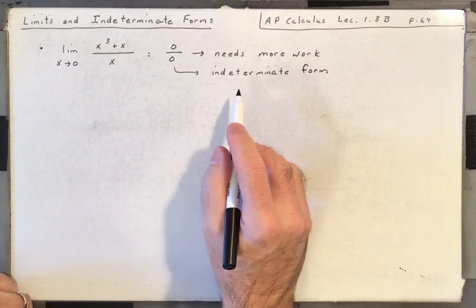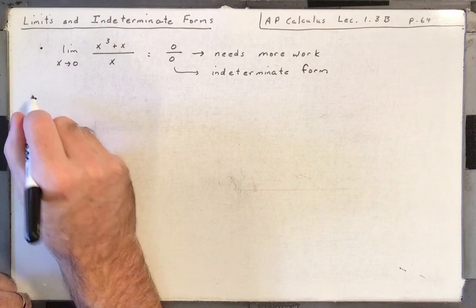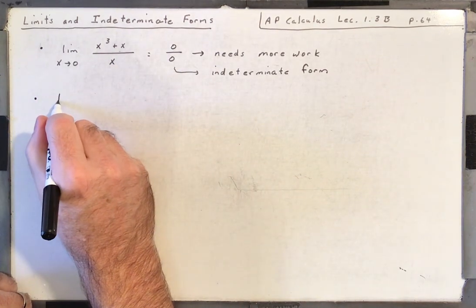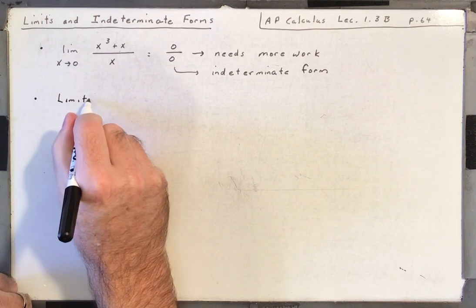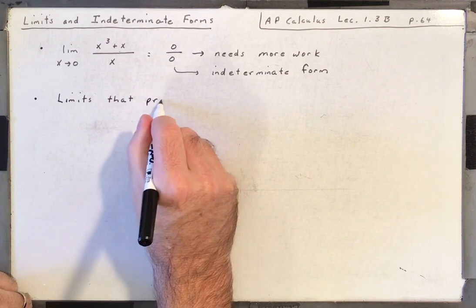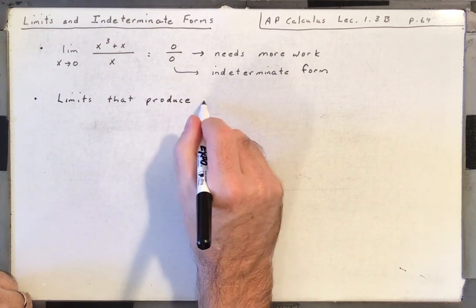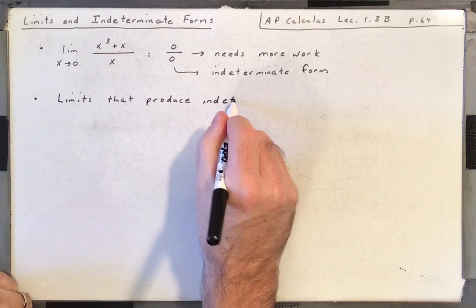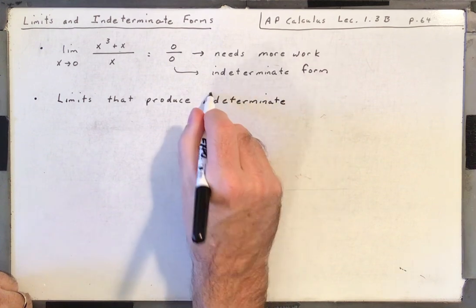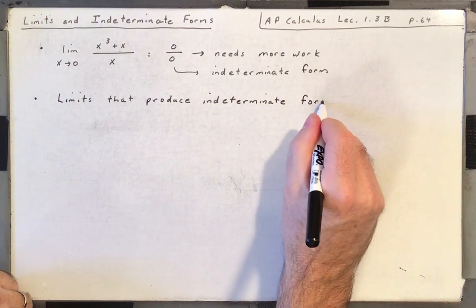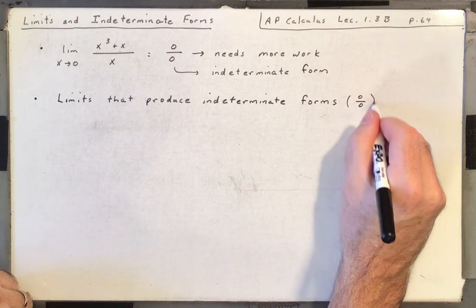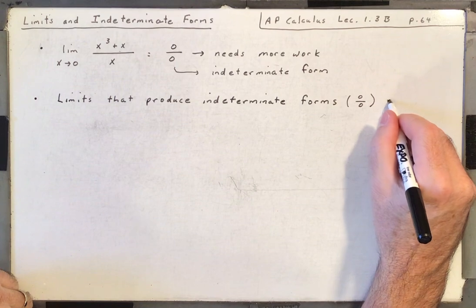So let me write a definition out, and then I'll show you how you can manipulate this to get an answer. So limits that produce indeterminate forms, just 0 over 0, may or may not exist.